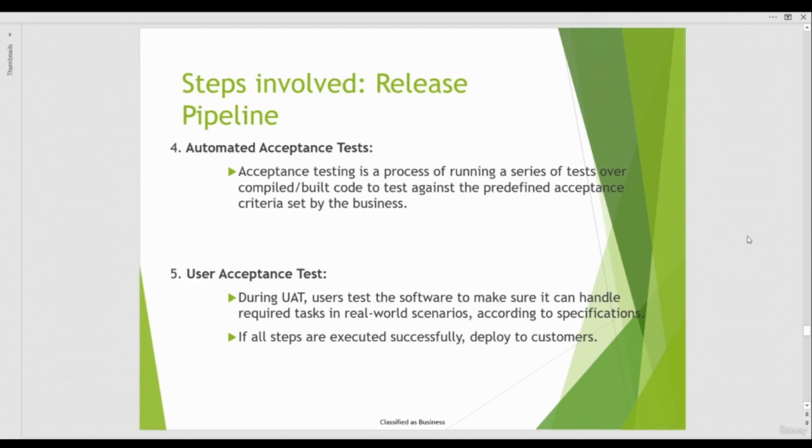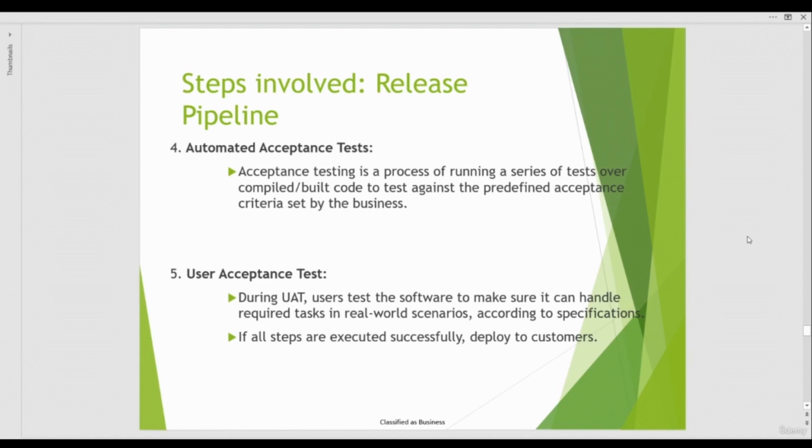So this is the automated acceptance test. Then you will have the user acceptance test, shortly called UAT. Users test the software to make sure it can handle required tasks in real world scenarios according to the specifications.